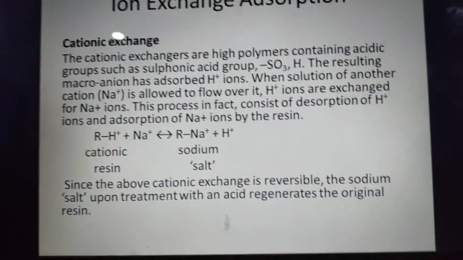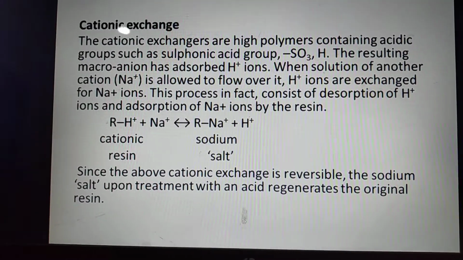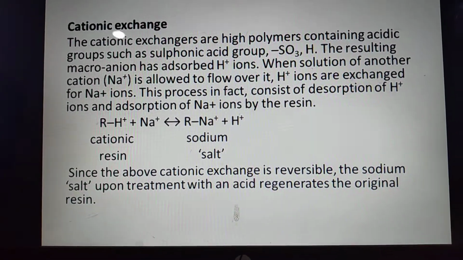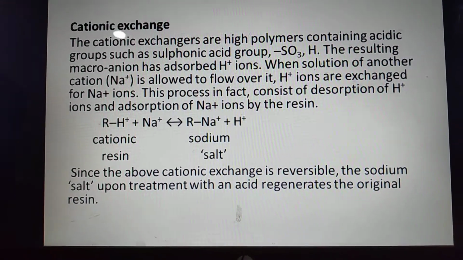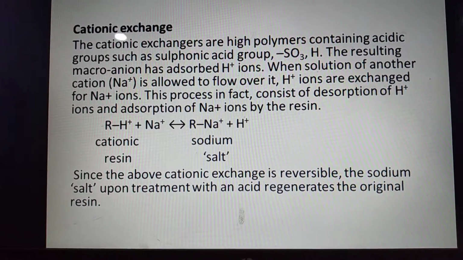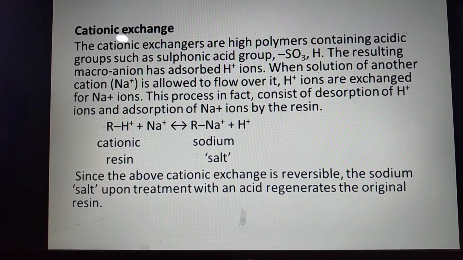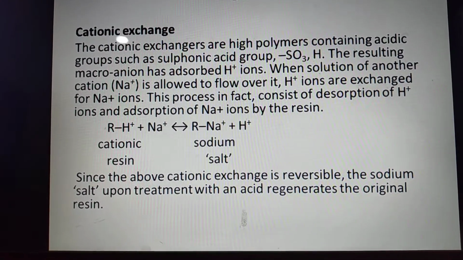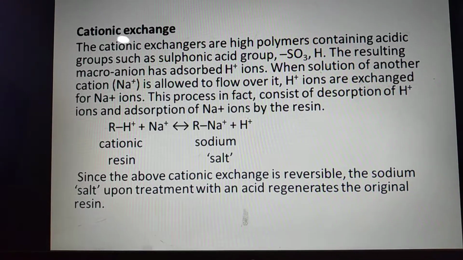Adsorption and desorption are reciprocal processes. Adsorbed molecules concentrate at the surface, while the desorbed ones turn back into the bulk phase. Cationic resin RH plus sodium ions, and this is a reversible process, and the sodium salt is formed plus hydrogen ion.